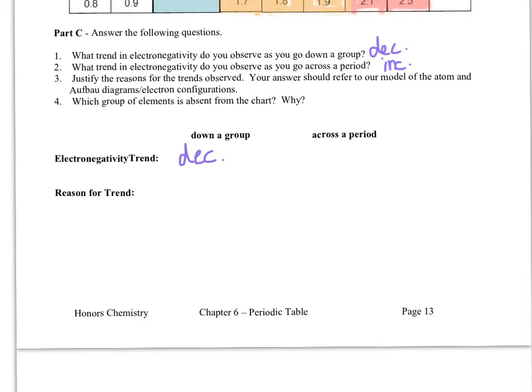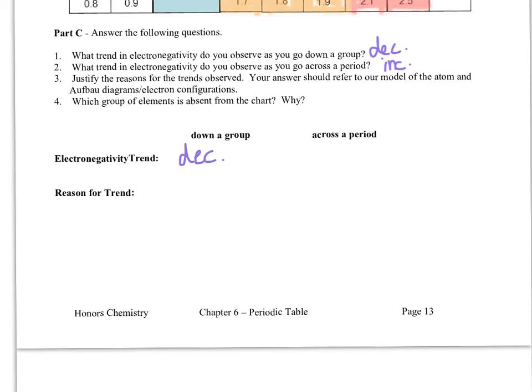So what is more important as we go down a group? Well, what's more important is our extra electrons are at higher energy levels, or occupying higher energy levels. And so our net attraction between the nucleus and the electrons is decreasing. So let's write that down.